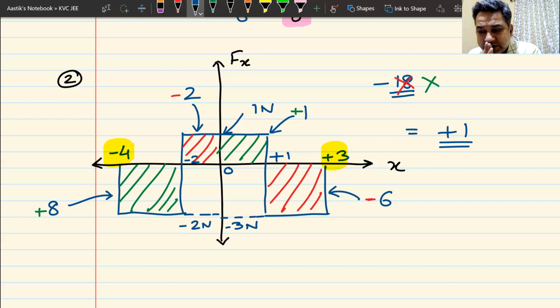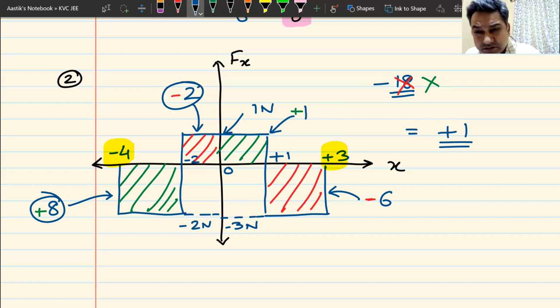Is there a problem with the sound? Sir, yes, beta. Explain once again, sir. Positive multiplied by positive is positive. Negative multiplied by negative is positive. Positive multiplied by negative is negative. And that is the reason that we are getting this. The first area here, negative is multiplied by negative, therefore it is positive.